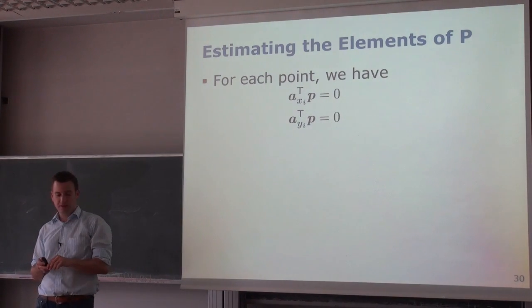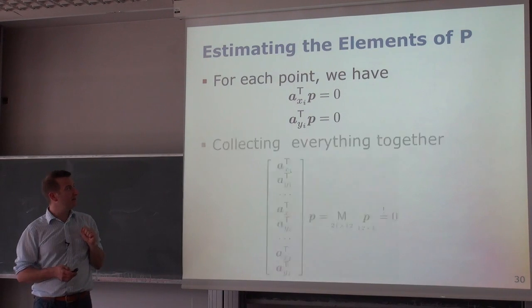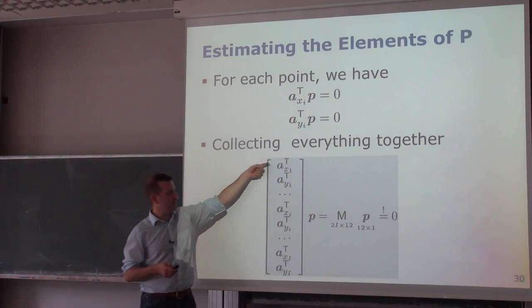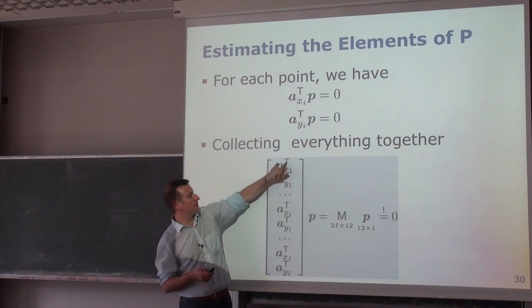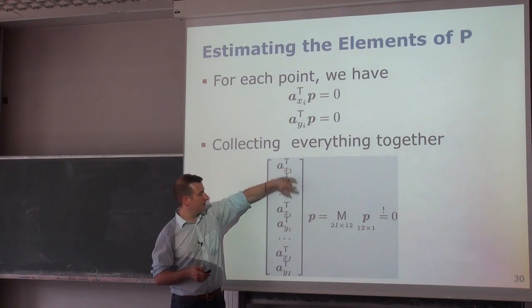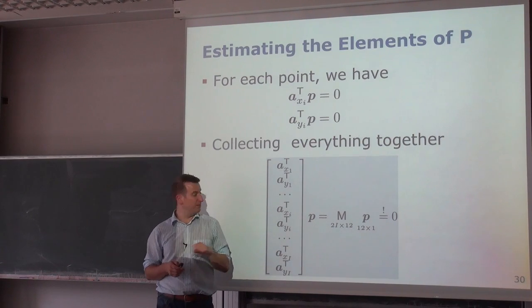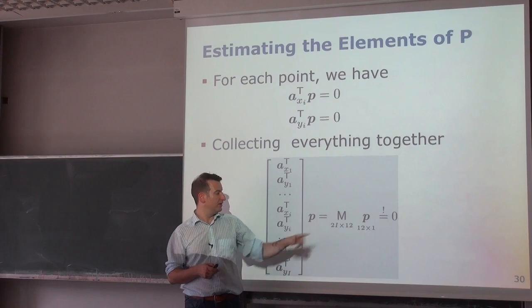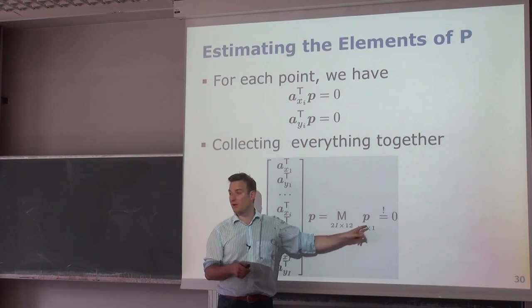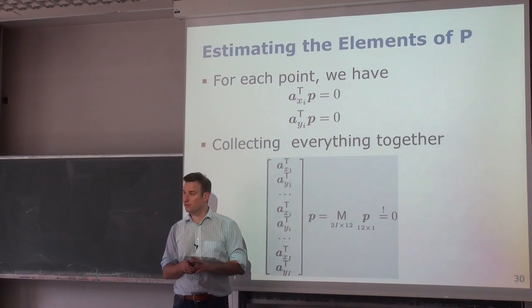And then we can actually, again, stack them all up in form of a matrix over here and multiply this with this matrix P. So we have here a 2i times 12 matrix and a 12 by 1 vector.